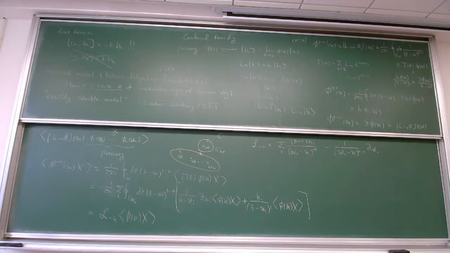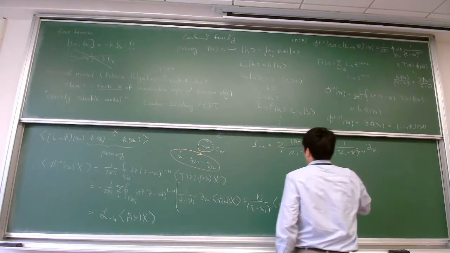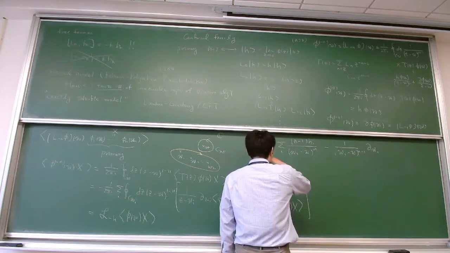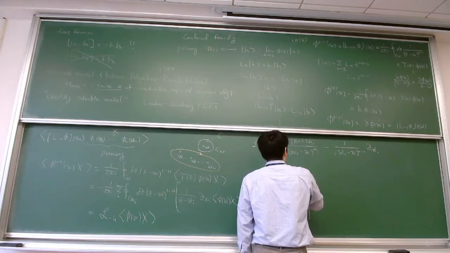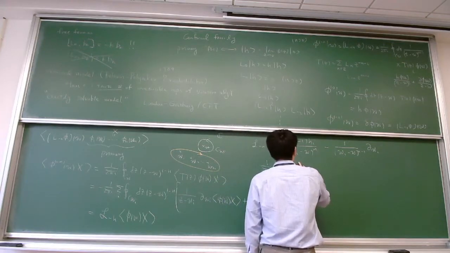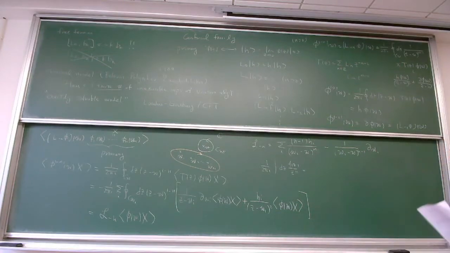Sorry, I still don't get it. Okay, now I understand, you're right. Here it's coming from the contour integral, one over 2 pi i, of f of z.